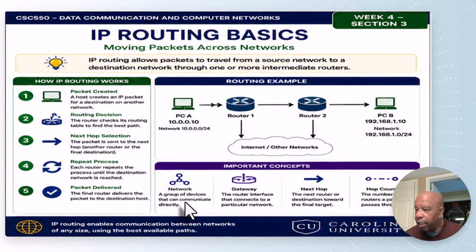Hop count is the number of routers a packet passes through. As your data passes through the network and hits various hops or stop points, all of that is recorded. Once it gets to its final destination, you'll be able to see all the paths it took and all the hops it had to make to get there.